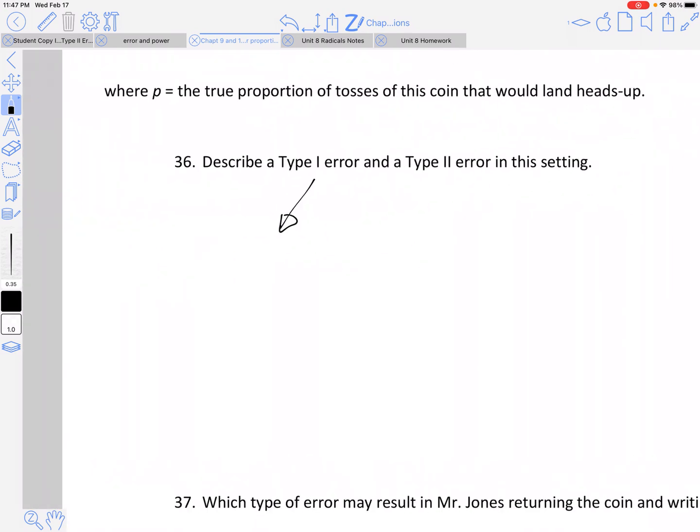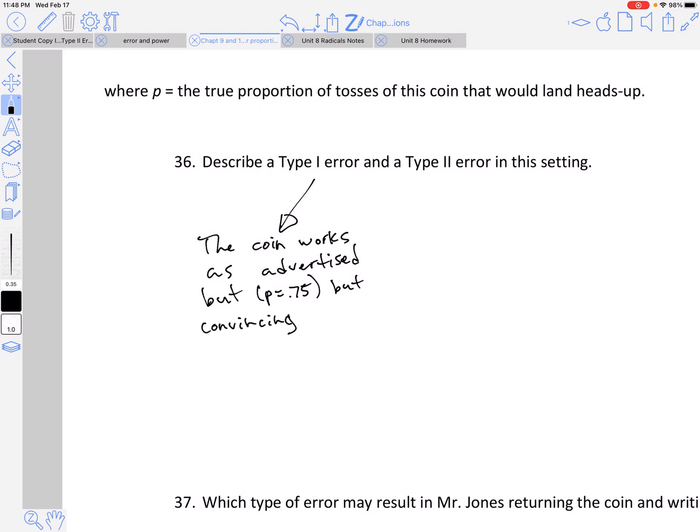So type 1 error: the coin works as advertised. But, and it's not our fault, we didn't do bad statistics, right? So the true P is 75%, but we found convincing evidence that the coin is not working.